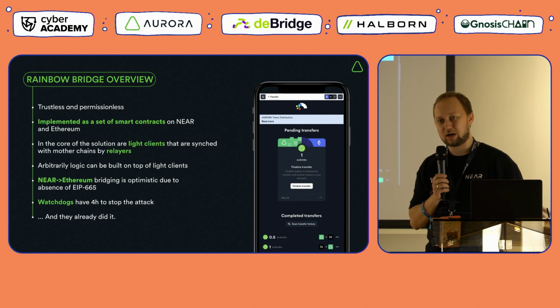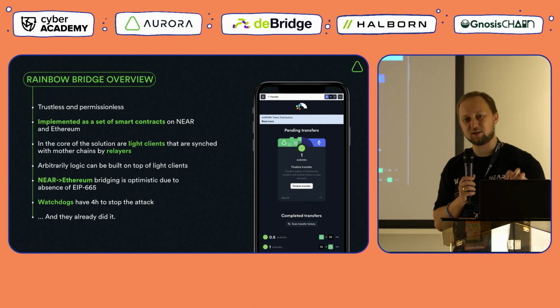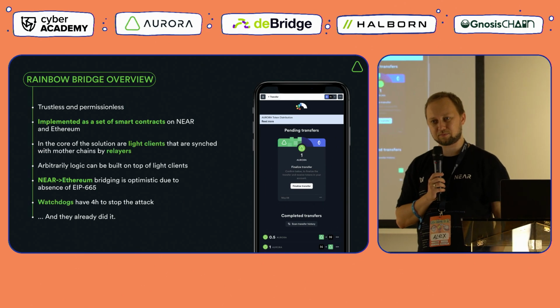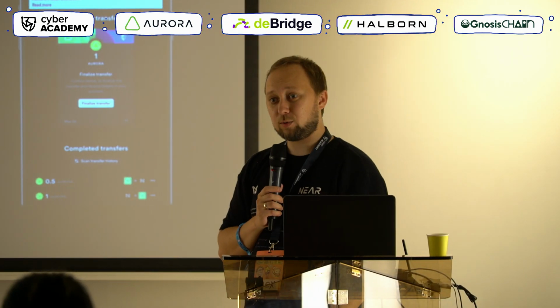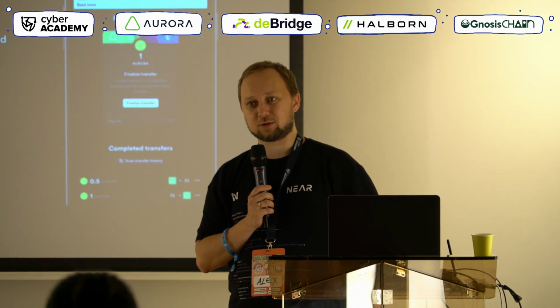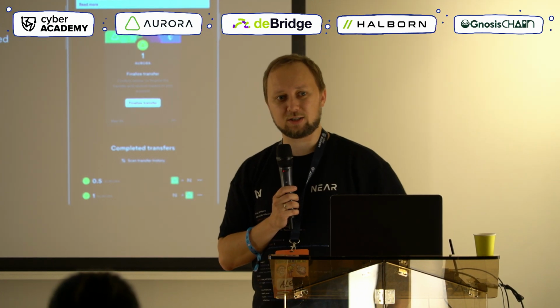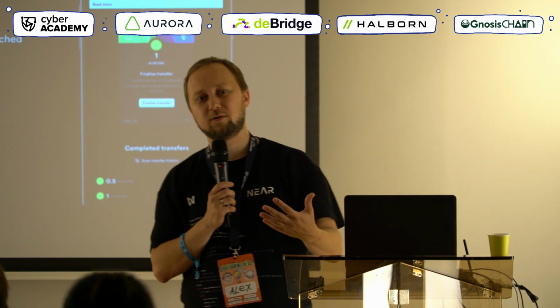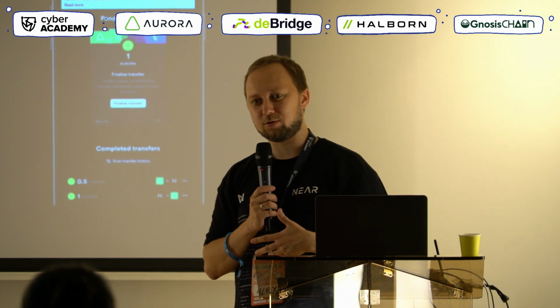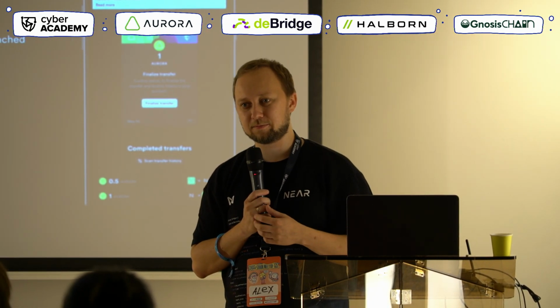And every 4 hours, we are sending the Near block to Ethereum. And anyone is capable of being a relayer, because the only thing the light client does is verify that the block was created according to the consensus rules of the chain.